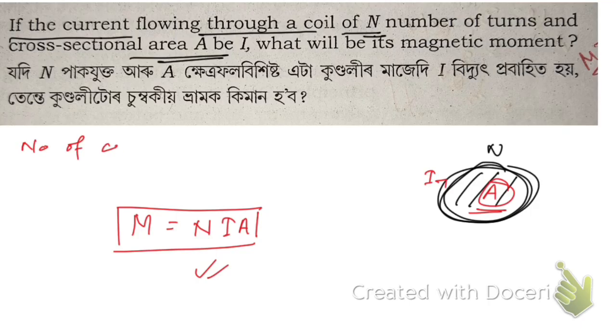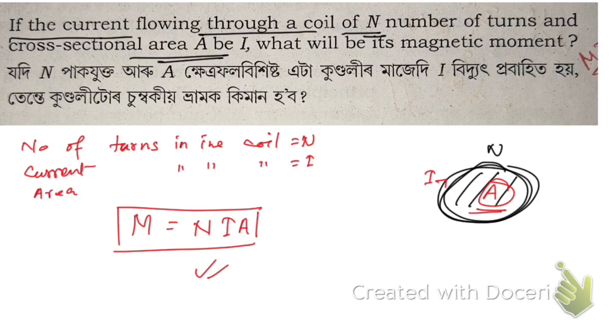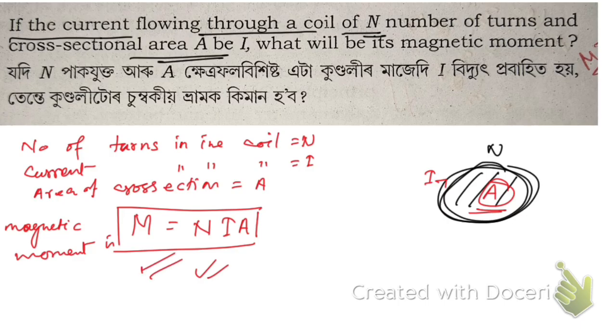First write: number of turns in the coil is N, current in the coil is I, area of cross section is A. Therefore the magnetic moment is this. Hope you have understood this. Now let me take the next question.